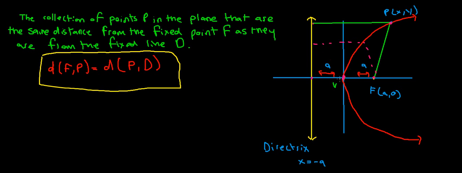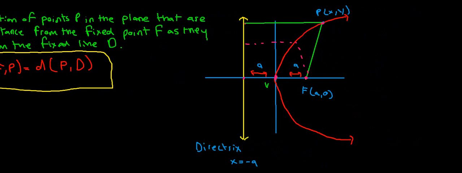Since the vertex is the highest or most sideways point, I'm going to say that this distance from the vertex to the focus is A. So if the distance between the vertex and the focus is A, then the distance from the vertex to the directrix must also be A, as far as pure distance is concerned.